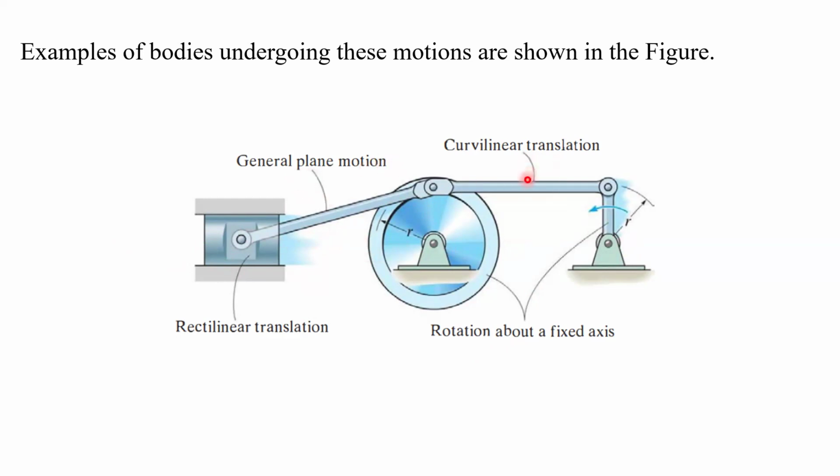The connecting rod here will come down and go around. So it's observing what we call curvilinear translation. While the disc here and this connecting rod here, they are observing rotation about a fixed axis.